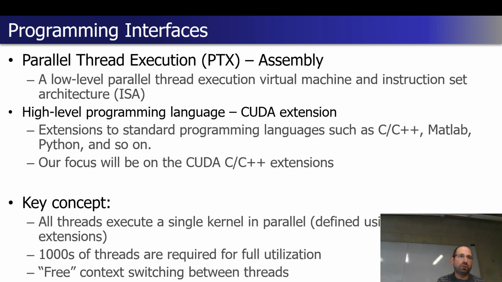But all of those threads, by and large, are going to be executing a single kernel in parallel. They're all going to be on the same instruction memory stream. They're allowed to be at different points in that stream, so they can have different program counters. But with that restriction in place, and there are some further restrictions we will talk about, you get effectively, quote-unquote, free context switching between threads.